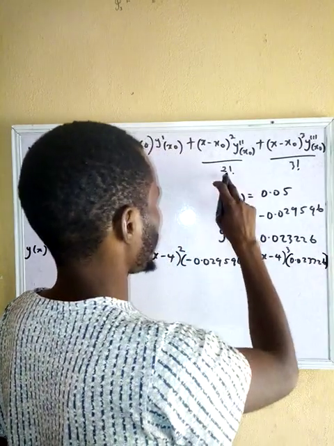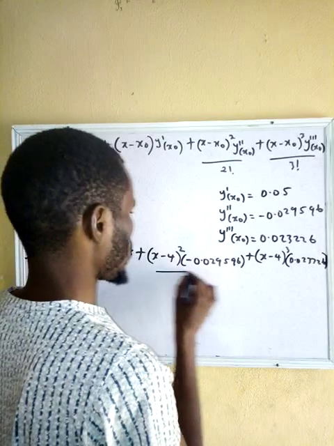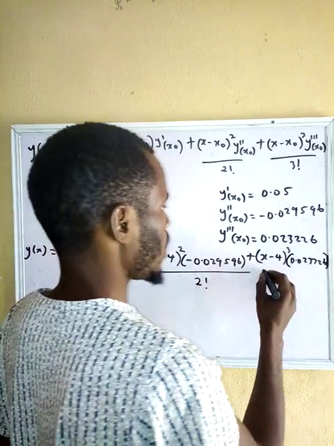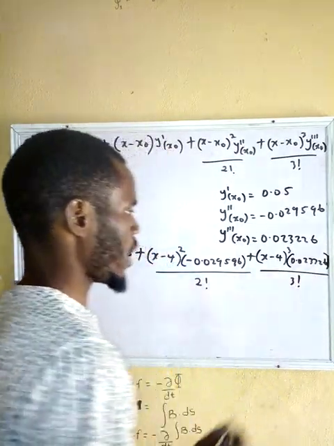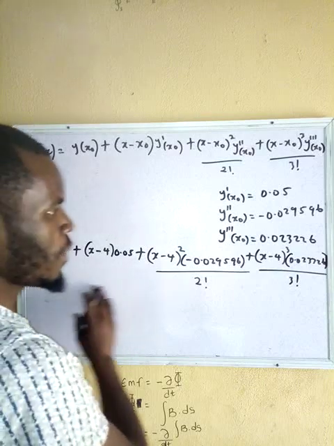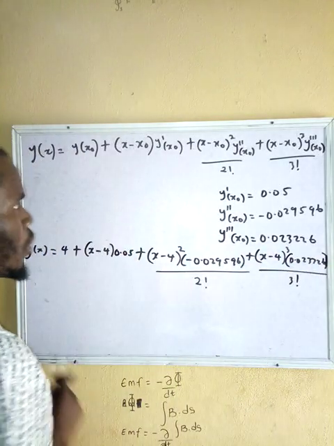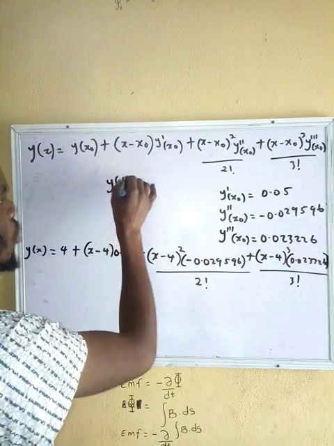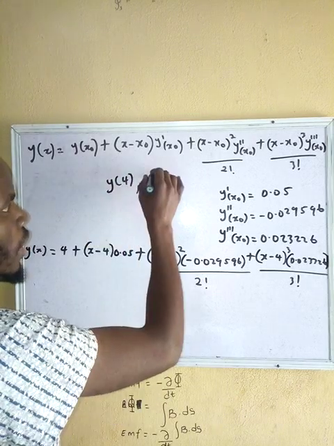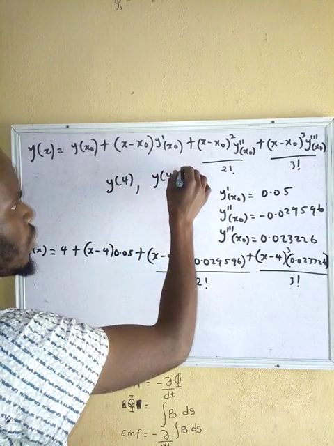But don't forget, I have 2 factorial here, so let's not forget to write 2 factorial, and this one 3 factorial. So from this particular solution, we can now find our y of 4, which they said we should find, and our y of 4.2.